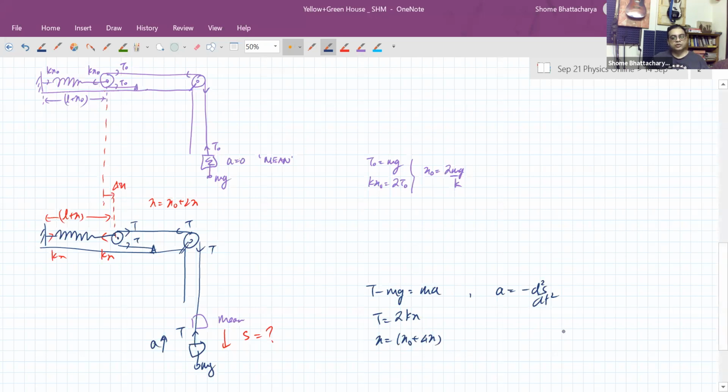Now the important thing is we have to find this relation s in terms of delta x, the constraint relation.